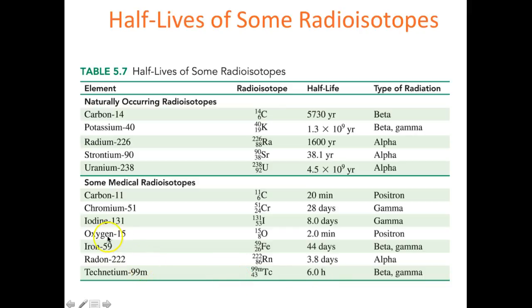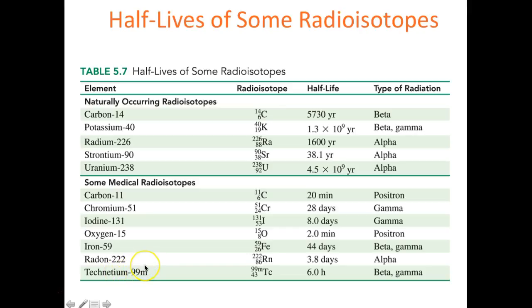Unlike iodine, which is specific for thyroid-related medical conditions, technetium-99 metastable is non-specific, so it can go to different organs, and therefore many diseases or ailments can be diagnosed and treated with it.